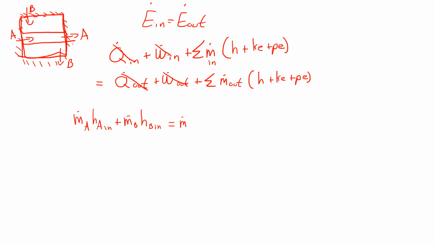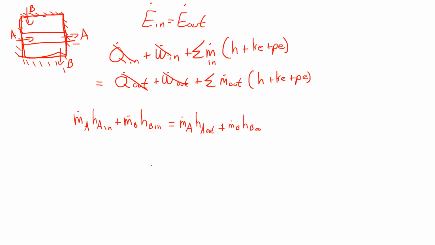So I have mass flow out at A and B as well. Mass flow rate A times the enthalpy of that mass flow exiting plus mass flow rate of B times the enthalpy of B out.